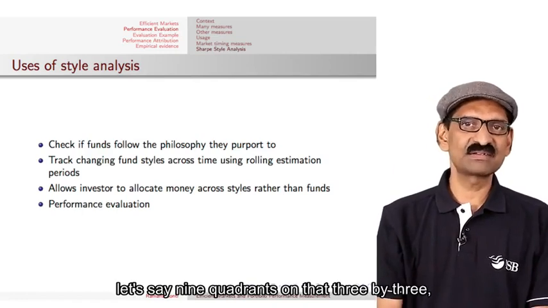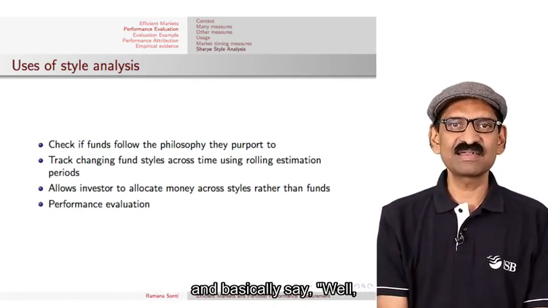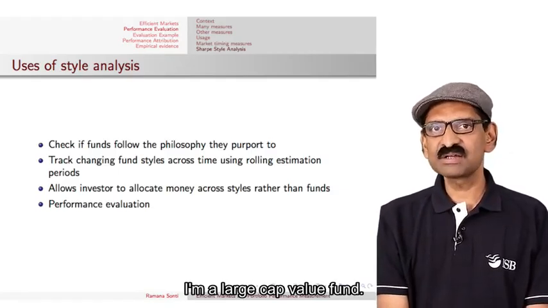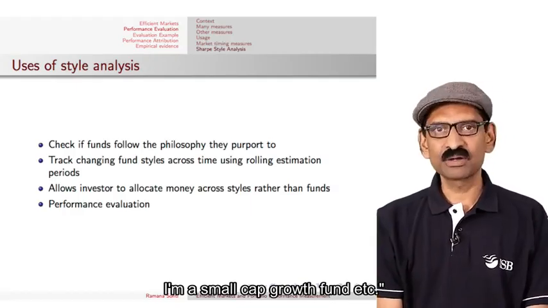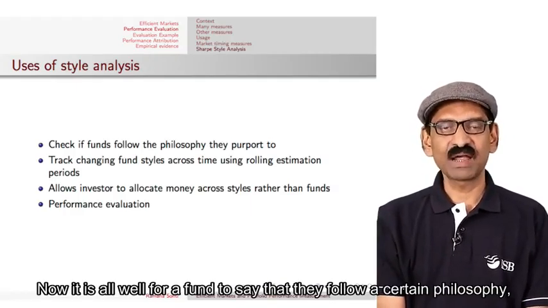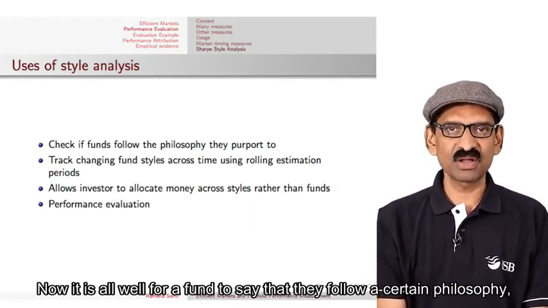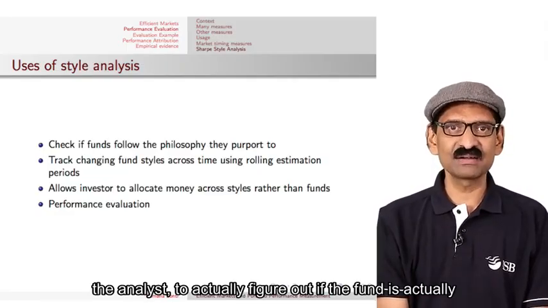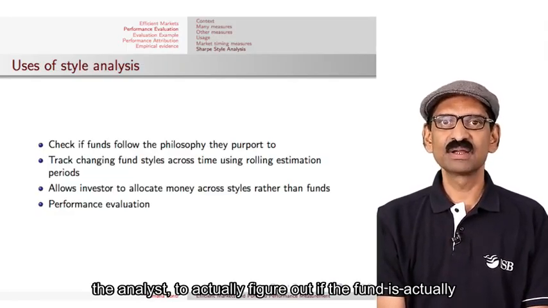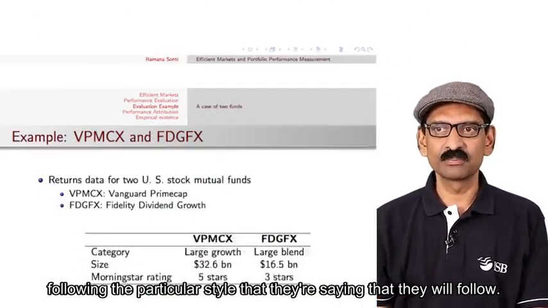Obviously, you can have 9 quadrants on that 3 by 3 grid and basically say, well, I am a large cap value fund, I am a small cap growth fund, etc. Now, it is all well for a fund to say that they follow a certain philosophy, but it is up to you, the investor, or the analyst, to actually figure out if the fund is actually following the particular style that they say they will follow.